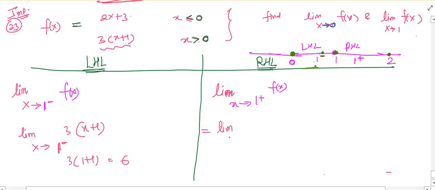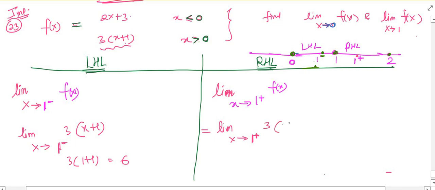Let me try the other one. Limit x is tending to 1 plus. 1 plus means a little bit more than 1. Where is a little bit more than 1? See here, a little bit more than 1 is also more than 0. Should I take the first one or the second one? Clearly I should take the second one. It is still more than 0, right?